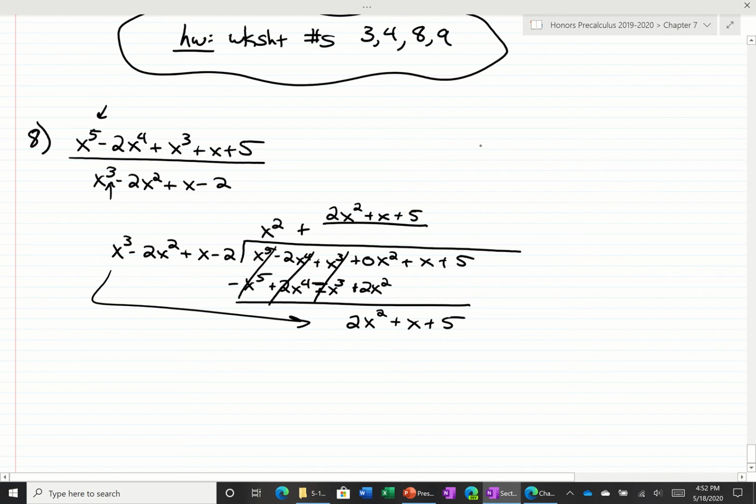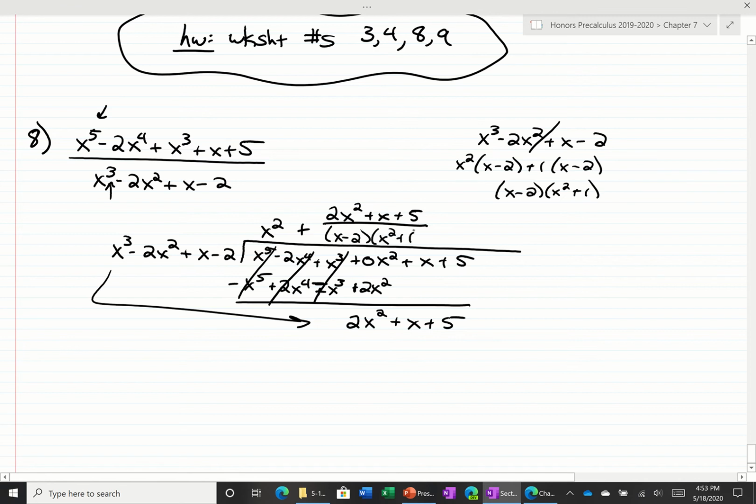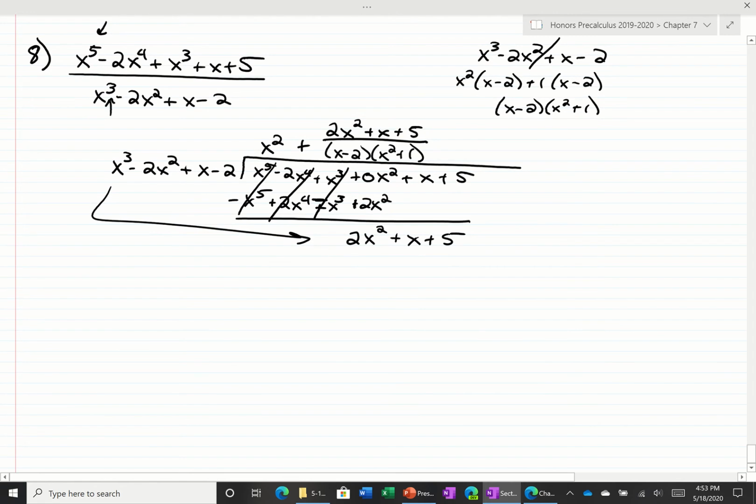Now we're going to have to factor the denominator at some point, so I'll go ahead and do that right here. Take out an x squared. Let's see what we get.